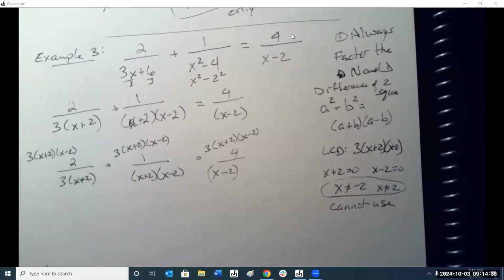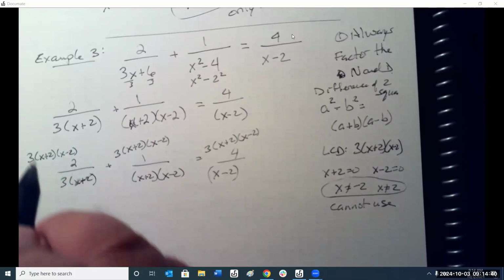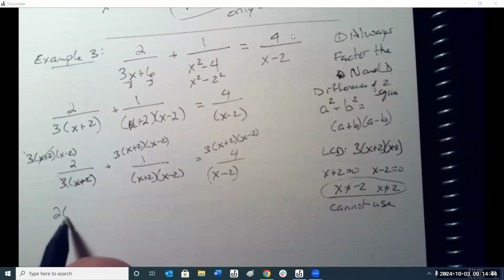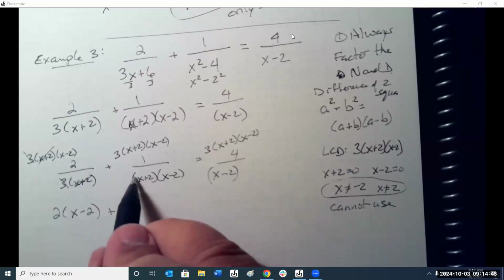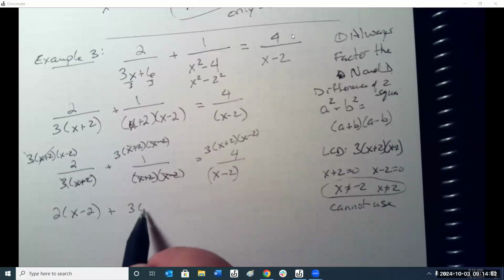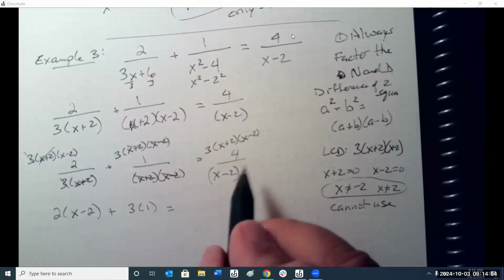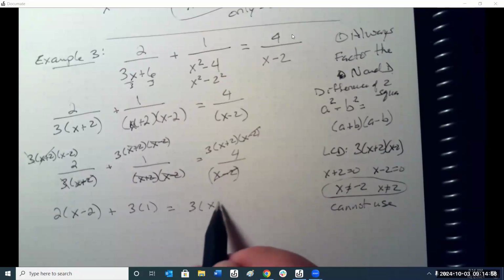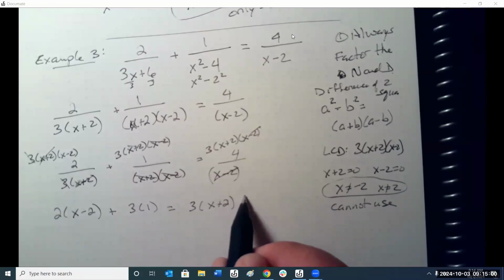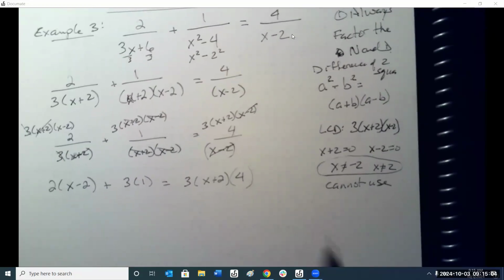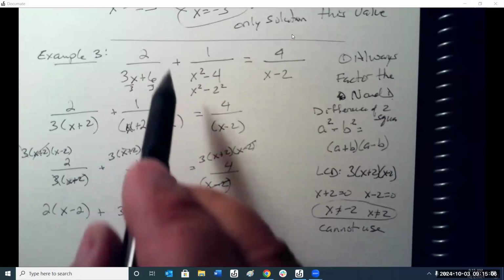So now here we see x plus 2 cancels, the 3 cancels. So we have 2 times x minus 2, x plus 2, x minus 2 cancel. So we have 3 times 1, and the x minus 2 cancels. 3 times x plus 2 times 4. It looks a lot easier than the original one.